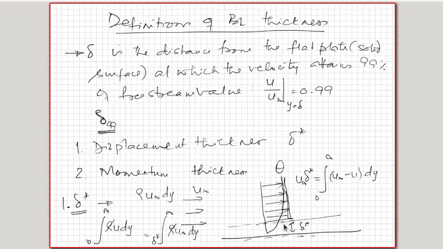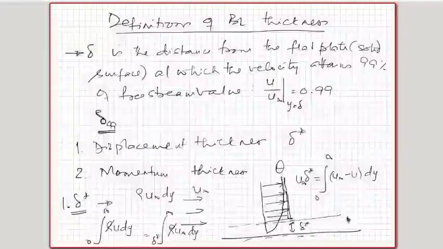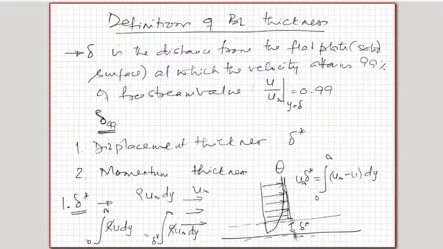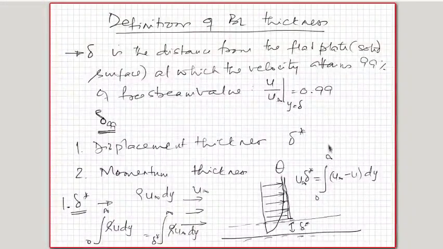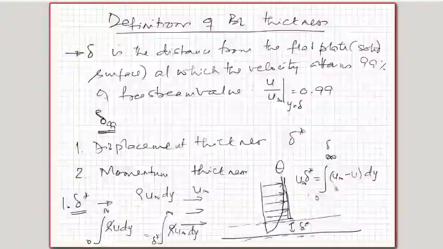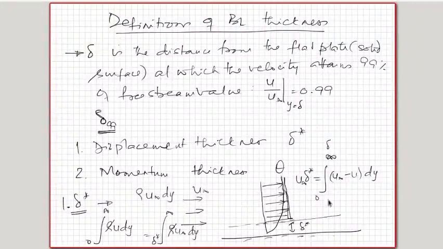So u infinity times delta star is the amount of mass flow that would have gone through this region if the velocity had remained u infinity all the way up to the plate. Now, since the velocity is decreasing from u infinity in this region, this could also be 0 to delta, but we'll just write it as infinity. So this is the definition of delta star that you would get.